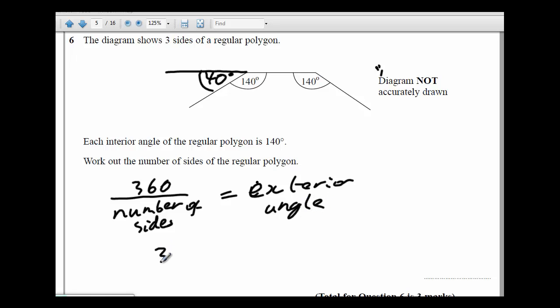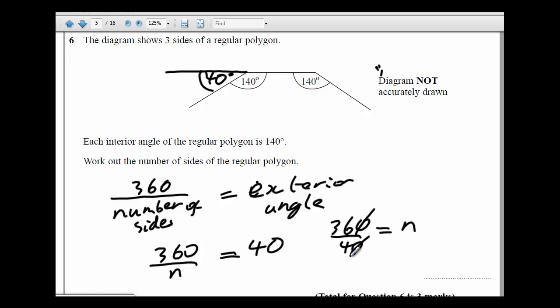So 360 divided by some number I don't know yet equals 40. Or to rearrange that, 360 divided by 40 gives me the number of sides. So 360 divided by 40, 36 divided by 4 is 9. So it's a 9-sided shape, a nonagon.